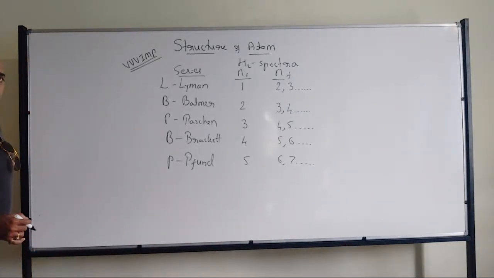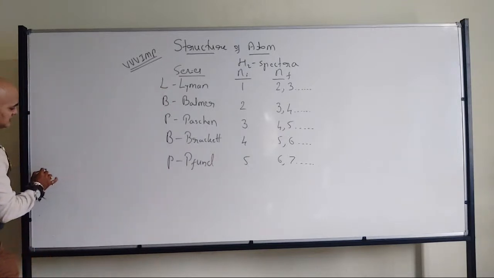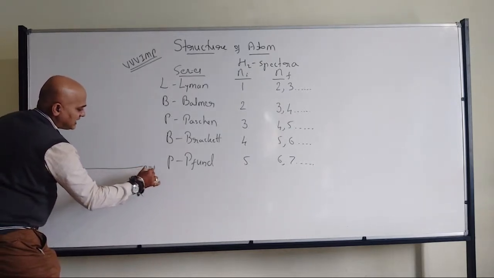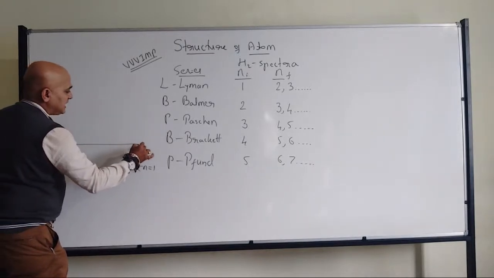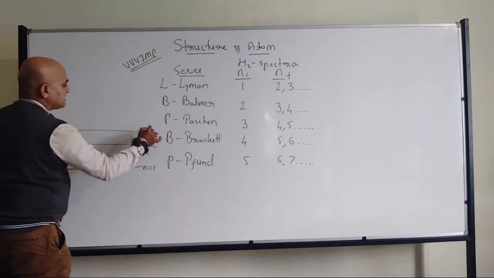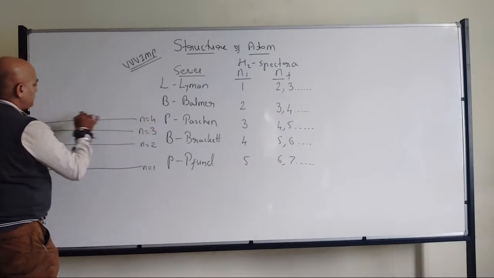In the exam also you should give the table. Now what I have written, I will explain it here. Even this diagram you can draw in the exam also. So this is n equal to 1. Now this is where we have n equal to 2. This is n equal to 3. This is n equal to 4.